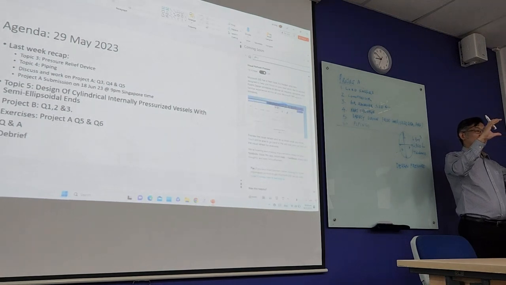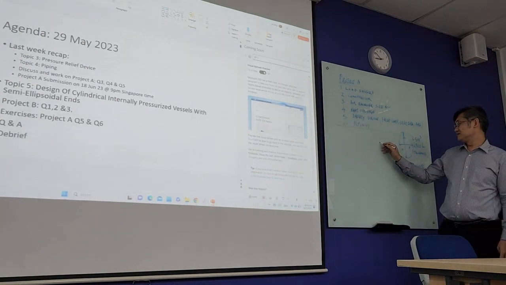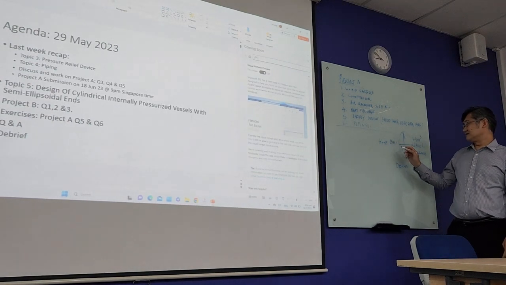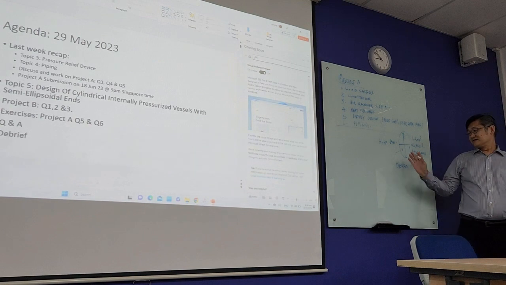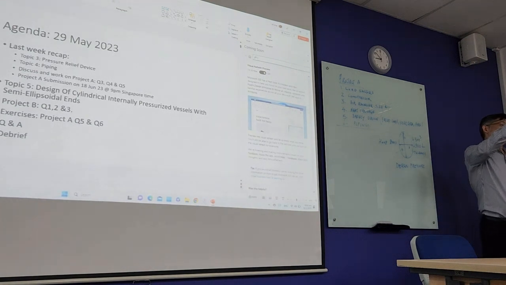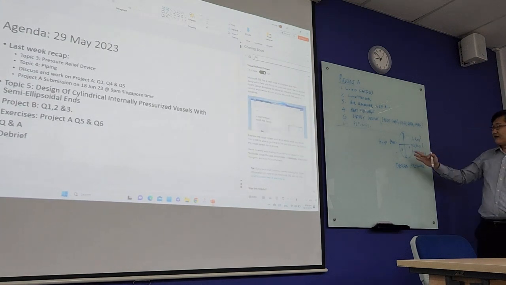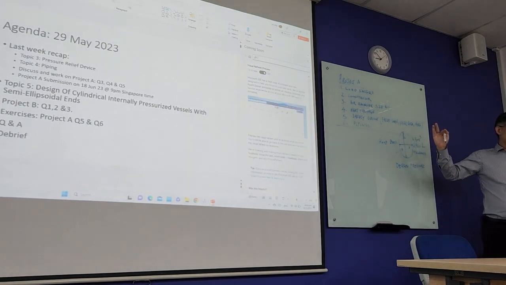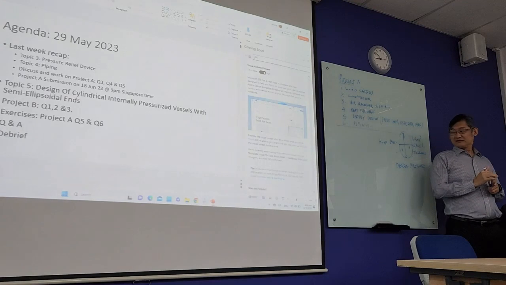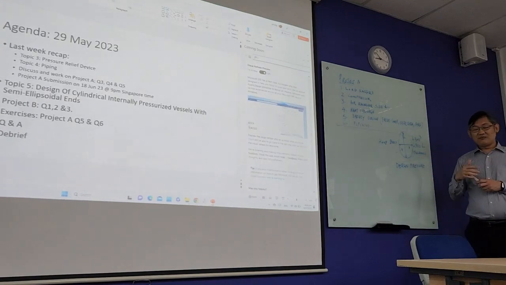The thickness, especially from the previous module you studied in second year, later we will use hoop pressure and hoop stress to find out the thickness required for our air receiver. From there, later on we will find out the length and the diameter needed to build our air receiver.